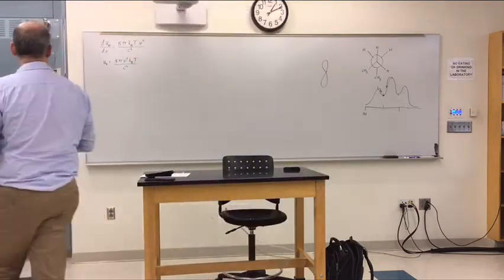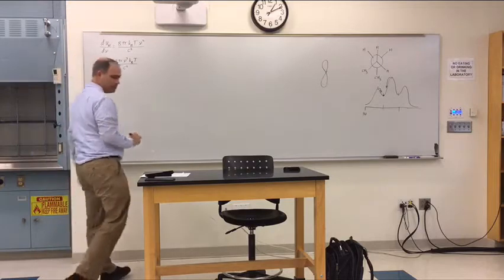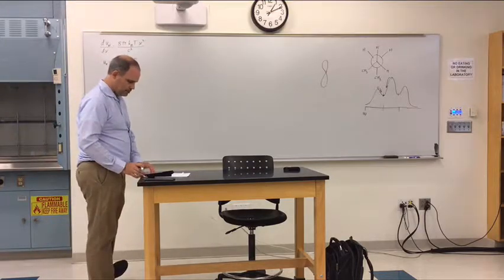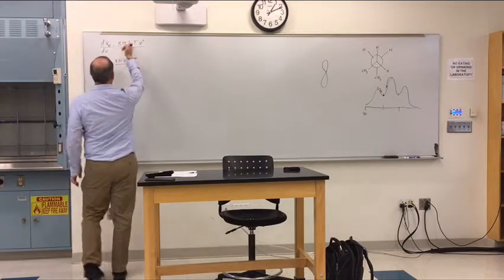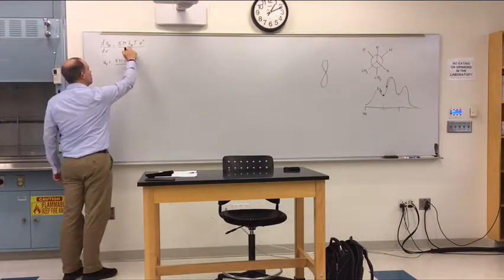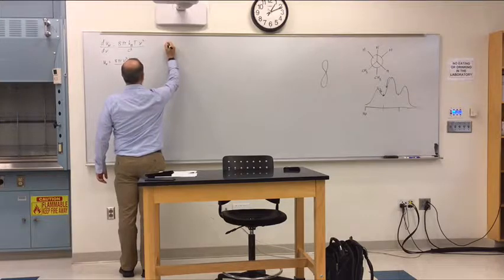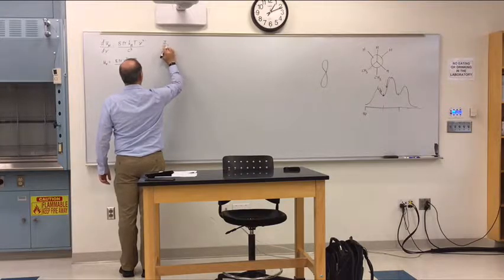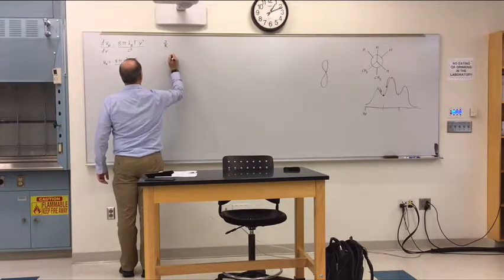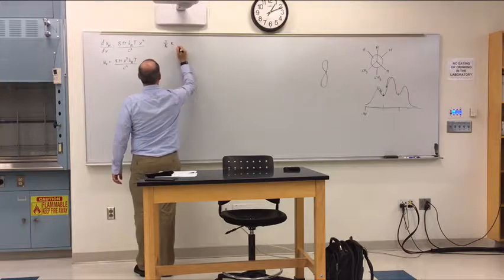So if we look at the units on this, right, 8 and pi have no units. The Boltzmann constant is joules, not per second, joules per Kelvin. Temperature has Kelvin.